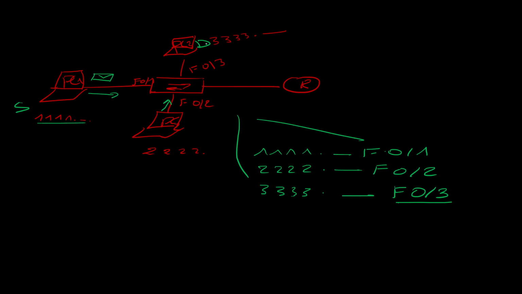Then the switch will immediately forward the frame on port Fast Ethernet 0/3, exactly and only to PC3. That's how switches learn the MAC address table. They learn MAC addresses based on the source, and they forward frames based on the destination MAC address, and they build what is called the MAC address table.